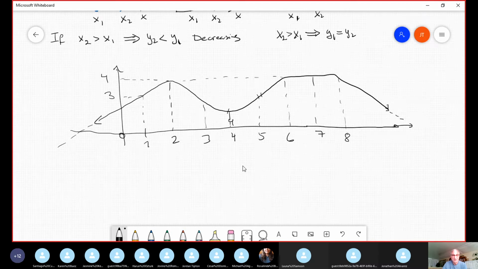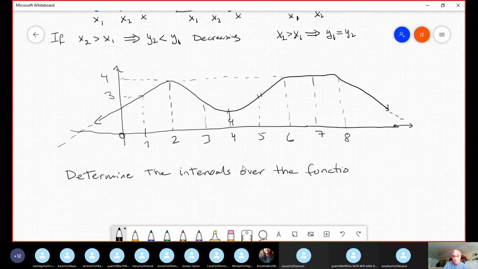I suppose this gets the same, to simplify the thing. The specific question is, let me read: determine the intervals, plural, over which the function is decreasing, increasing, and constant.